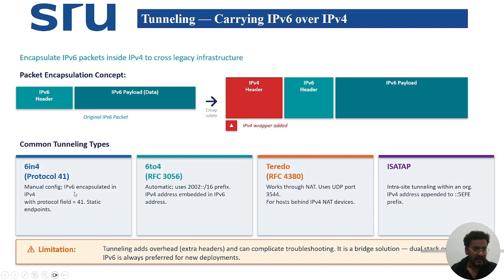Manual configuration: IPv6 encapsulated in IPv4 with protocol field 41, static endpoint. And 6to4, RFC 3056, automatic, uses the 2002::/16 prefix. So IPv4 addresses are embedded in IPv6 addresses.